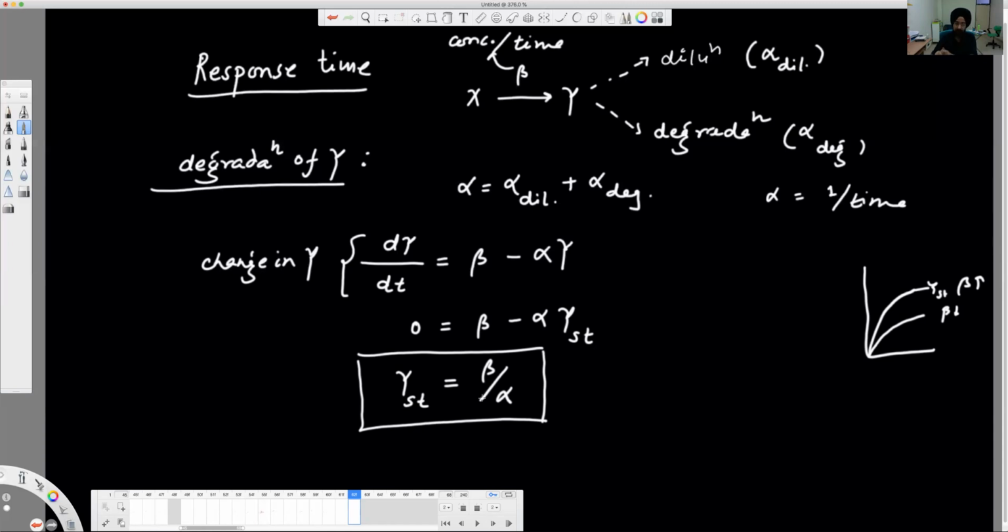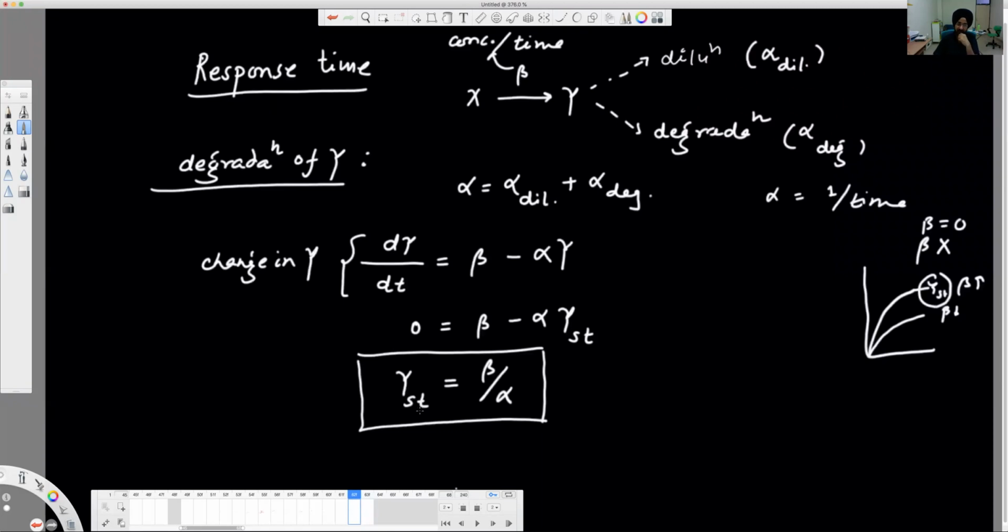So let us say that this was the steady state, and now at this value we remove beta. Okay, we say that beta becomes 0. So beta is 0 at steady state. We stop the production. If we stop the production, alpha will take over, right? So if we say beta is 0 now, then there will be exponential decline, right?